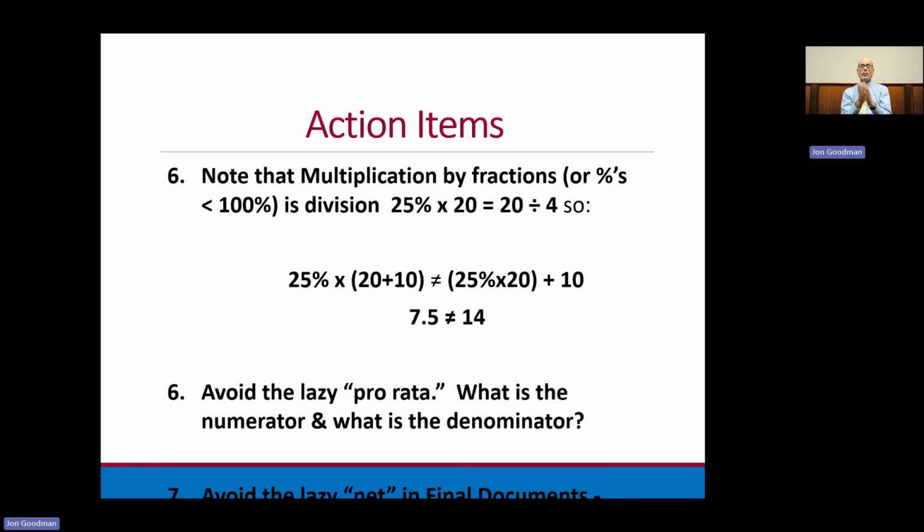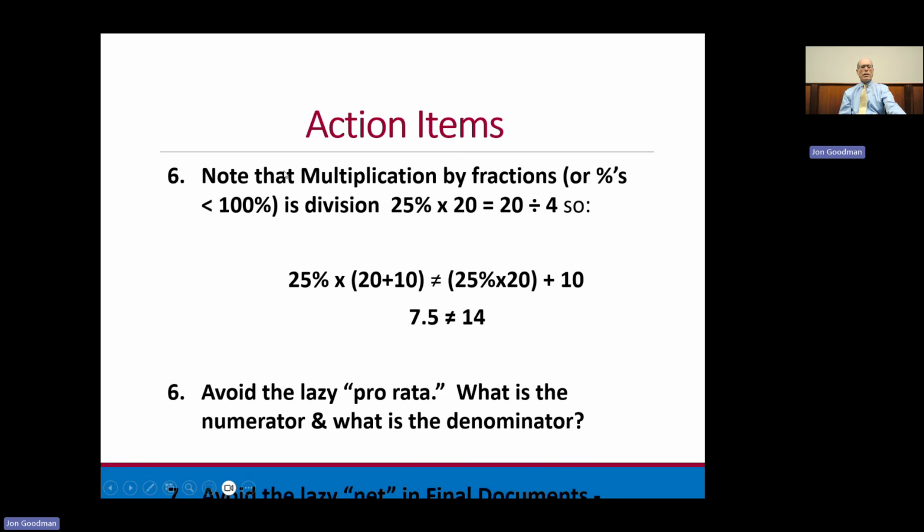Order does not matter with multiplication. But it does matter if you're multiplying by percentages, because multiplying by a percentage is essentially the same thing as division. At least, sorry, I'm going to lose some of you, if the percentage is a number less than 100%.